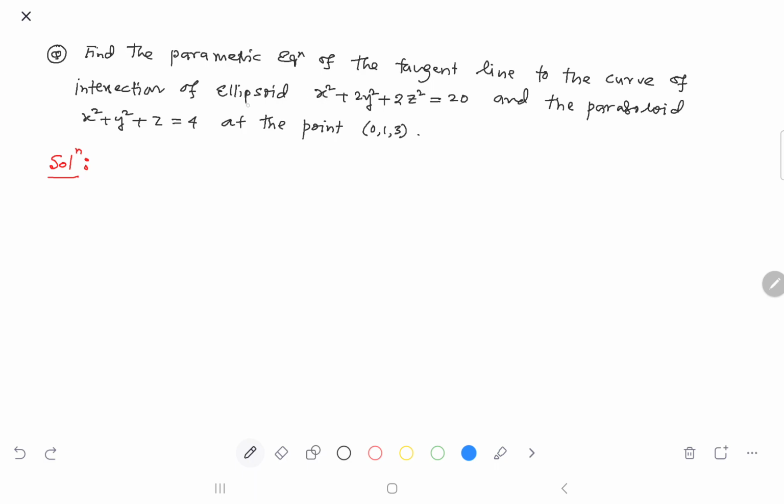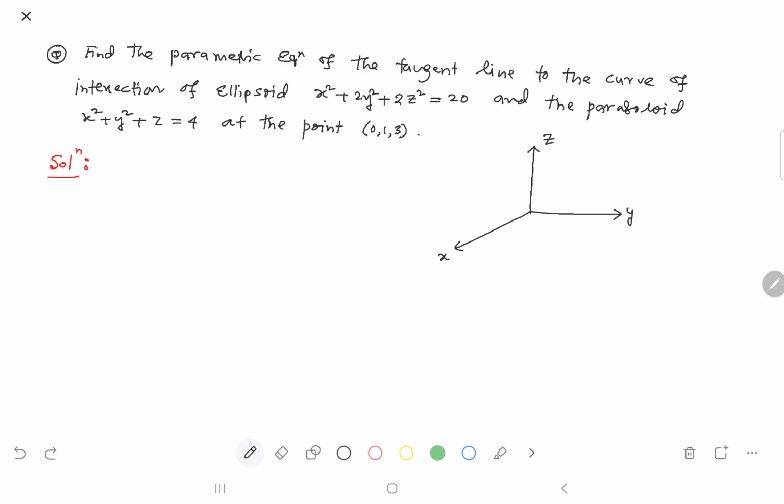First, the ellipsoid, if you draw it, will be here like this. Let me take the x-axis, y-axis, z-axis. Although it is difficult to draw the graph for surfaces, it is easy to calculate.